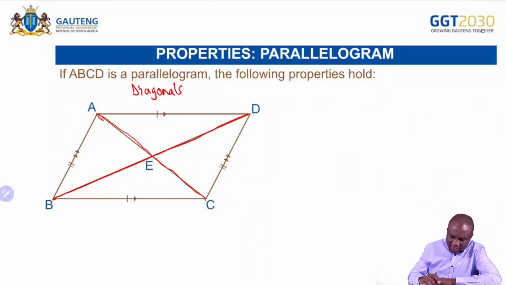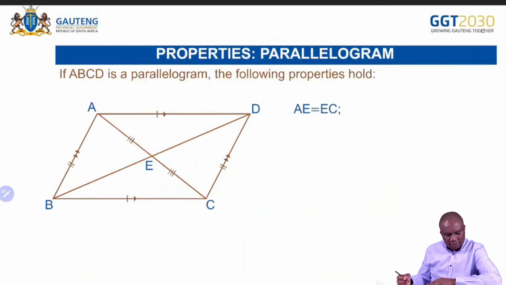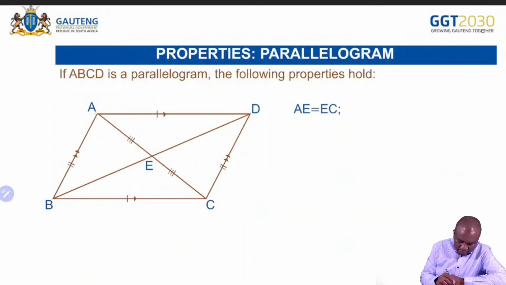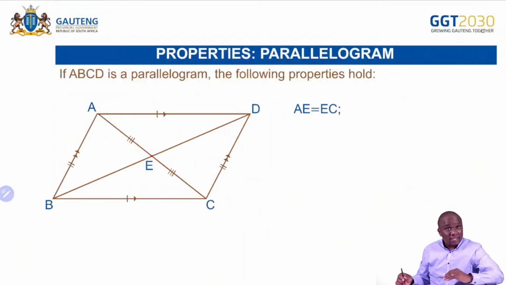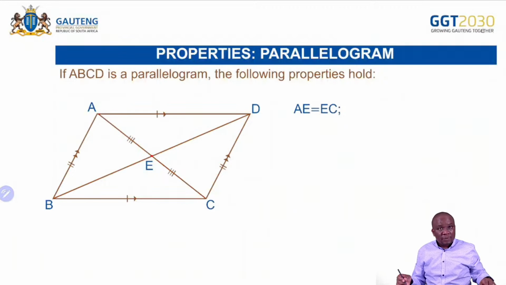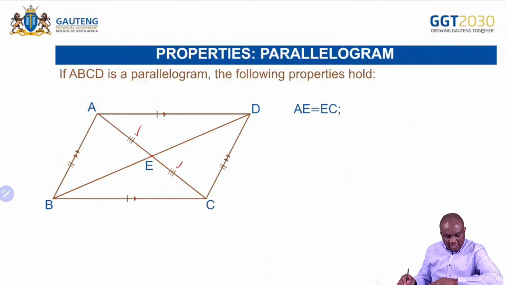What can you say about the diagonals of the parallelogram? So AE, you see AE? E is at the center there. AE is equal to EC. I've indicated that with these three lines there. AE is equal to EC. Please write that.